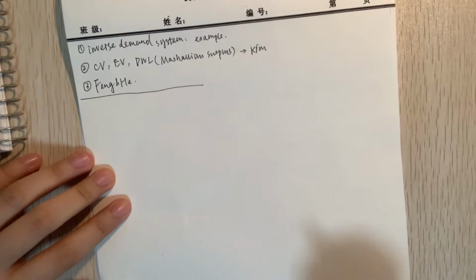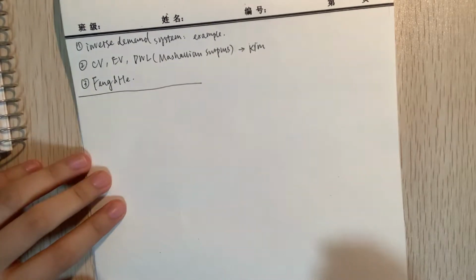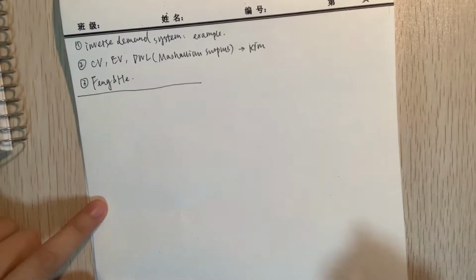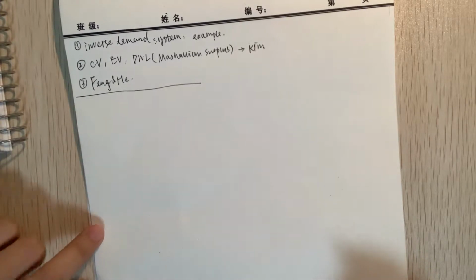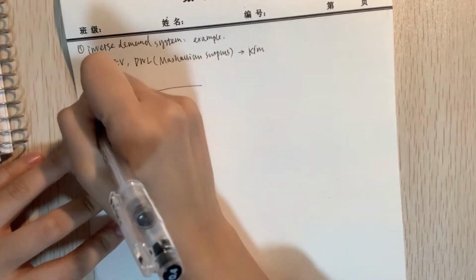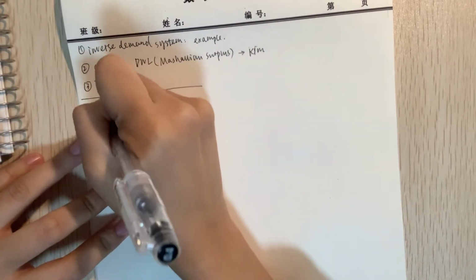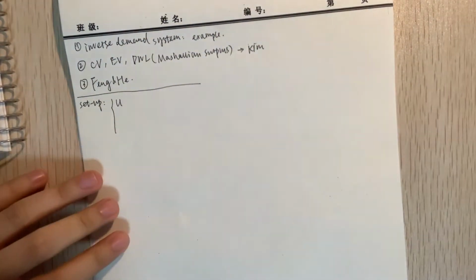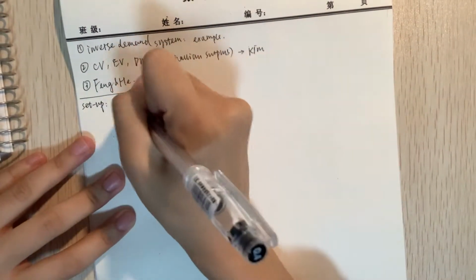I will first talk about how Kim presents the inverse demand system in his paper, but that is not a very intuitive one. Anyway, I will start from there. First we have a basic setup. It looks exactly the same as in the direct demand system.